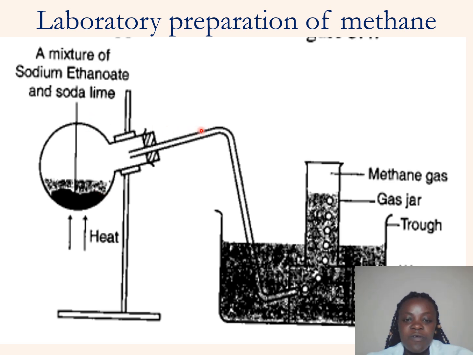This gas will move through the delivery tube through the water to this gas jar here, and this method of collection of the gas is what we call over water method. Since it does not dissolve in water, it will be collected through over water method. So the gas that we are going to collect in our gas jar here is methane gas.